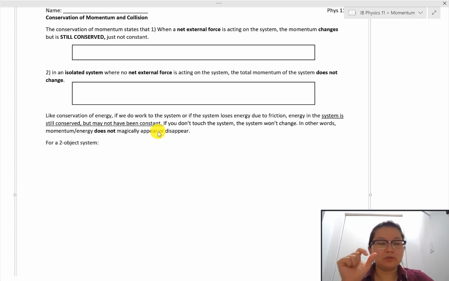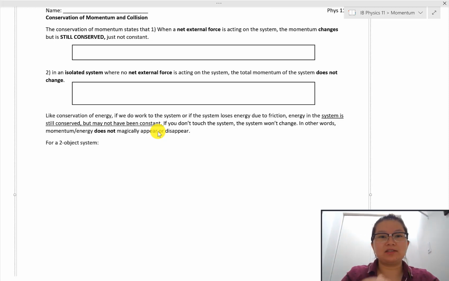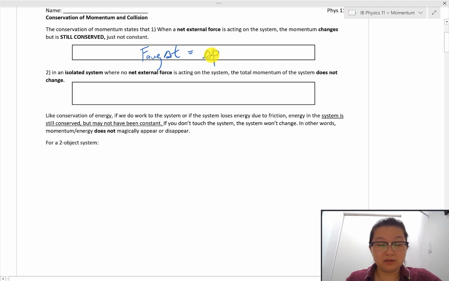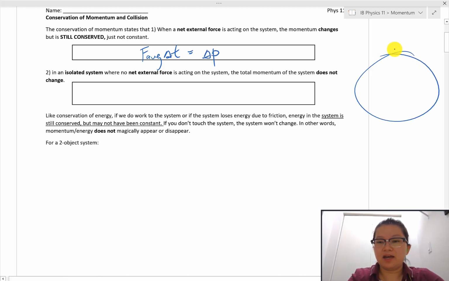Now we've learned that when there is a net external force acting on the system, our momentum changes. So imagine there's an average force applied over some amount of time, leading to a change in momentum, which is our impulse. Let's say this is my system, and at the boundary, there is an exchange of forces.